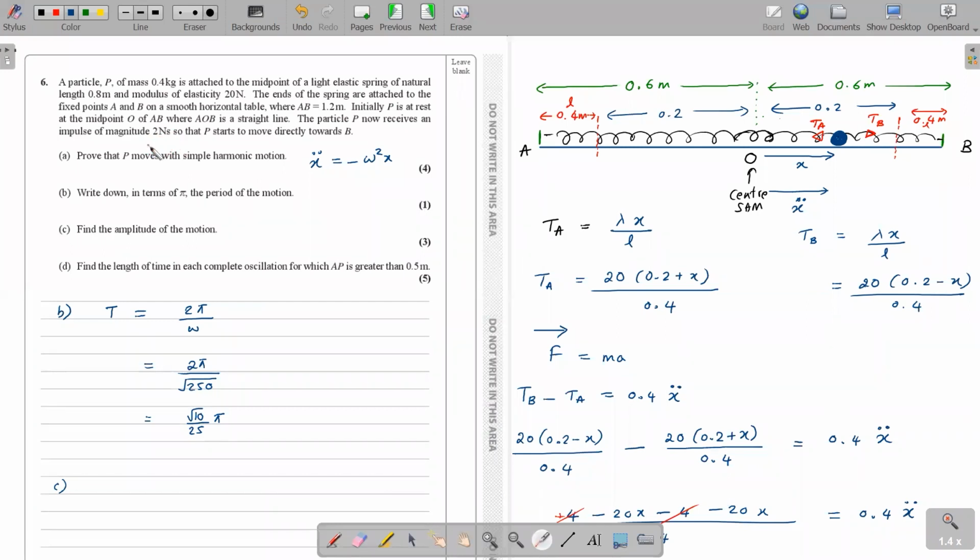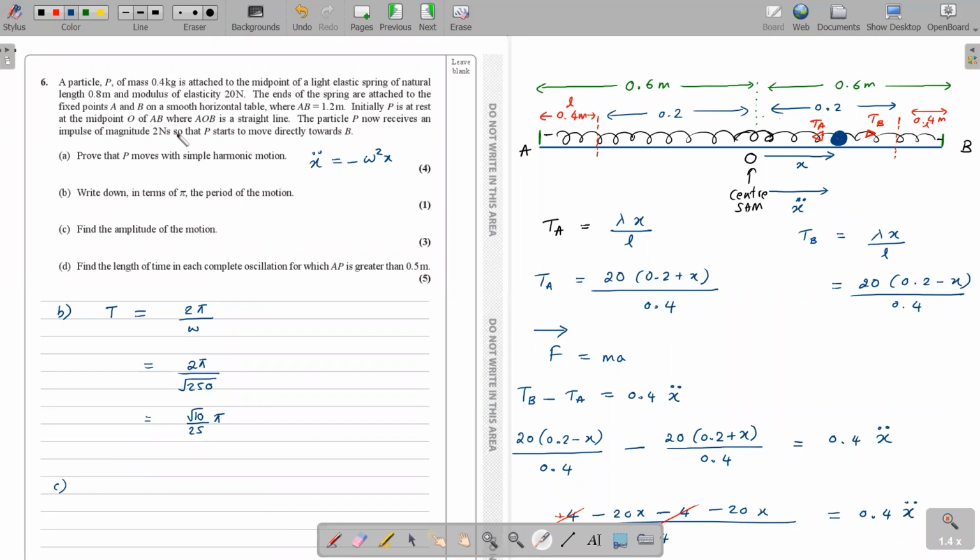You can see I have come down to part C, but I have so far not used this impulse anywhere at all. How does this impulse play a part in this question? Why have they given you the impulse?